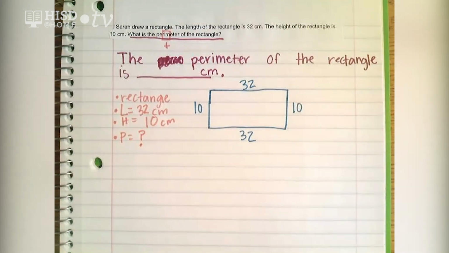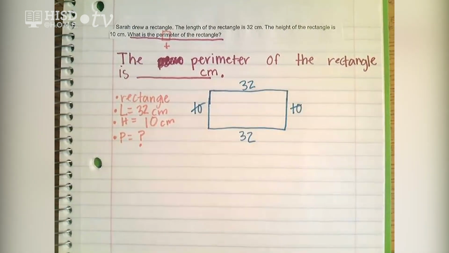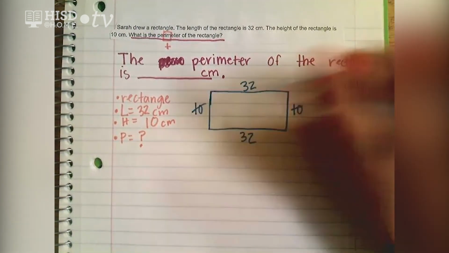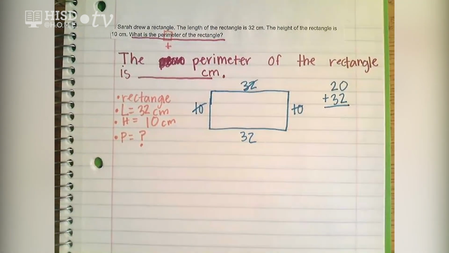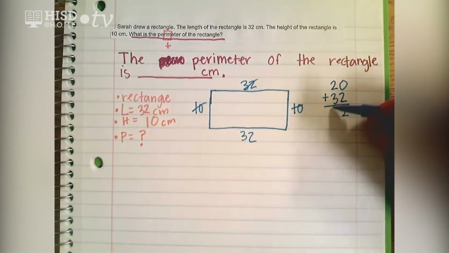Okay, so we're going to add them together. I know that 10 plus 10 is 20, right? That's just skip counting. So I have 20 plus one of the 32s. These numbers are bigger, so I'm just going to make sure I line them up and add them this way. 0 plus 2 is 2. 2 plus 3 is 5.